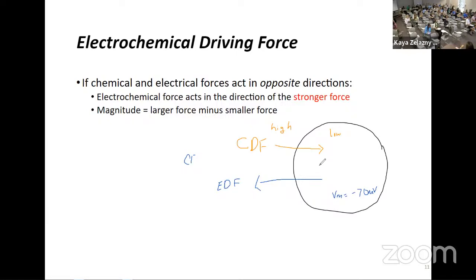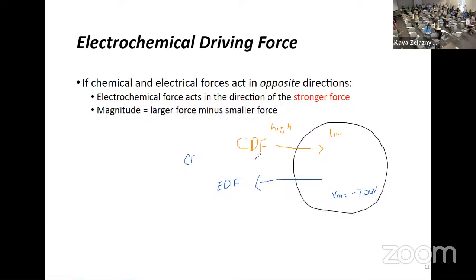That means to figure out what any one chloride ion is actually going to do, we need to think about which of those forces is stronger. Essentially, which arrow is bigger, which has a bigger difference, essentially. So we're going to take the larger force minus the smaller force to figure that out.